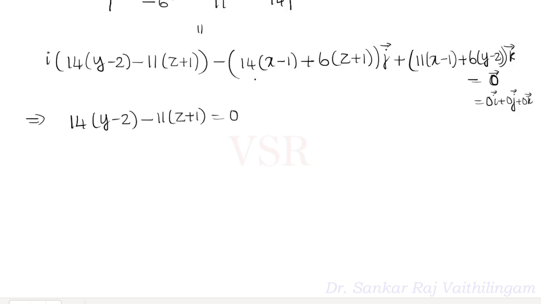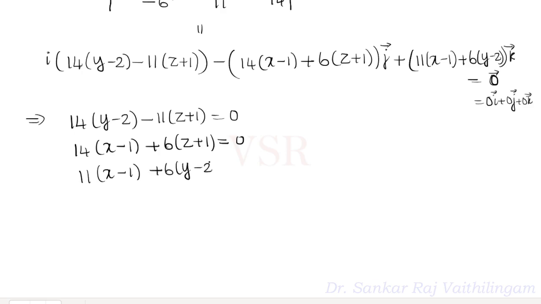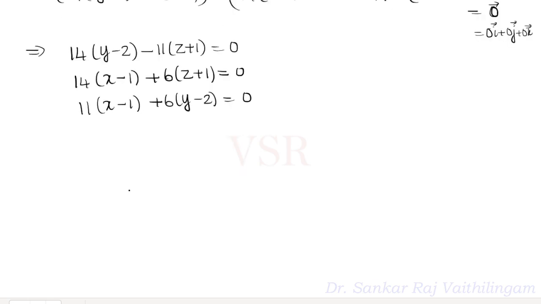Second, 14 times x minus 1 plus 6 into z plus 1 is equal to 0. Next, 11 times x minus 1 plus 6 times y minus 2 is equal to 0.